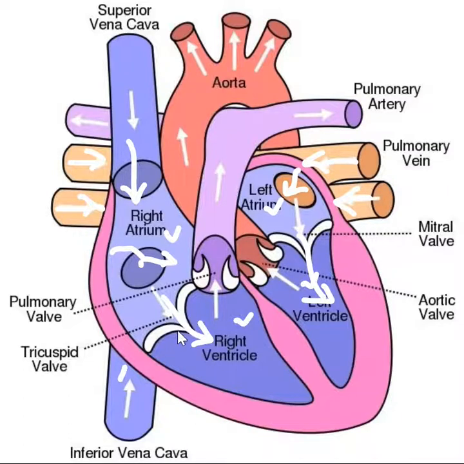So both the atrioventricular valves, that means tricuspid valve and bicuspid valve, allow blood to flow from atria into respective ventricles and prevent blood flowing in the reverse direction.